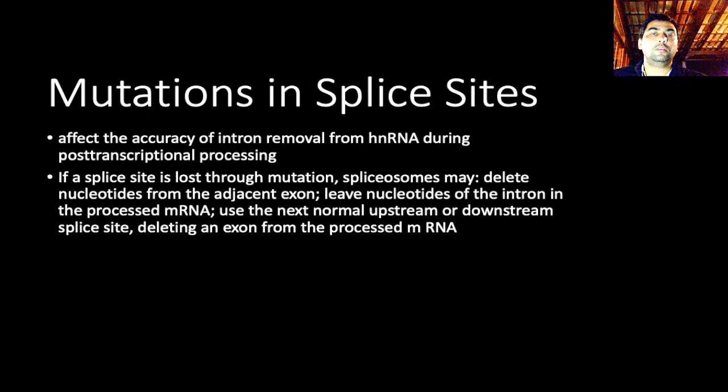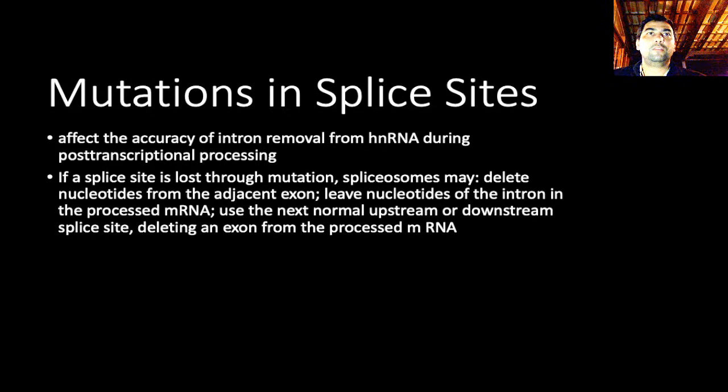The other type, which we talked about, is mutation in splice sites. They affect the accuracy of intron removal from heterogeneous nuclear RNA during the post-transcriptional process.